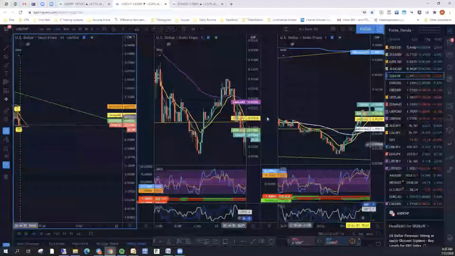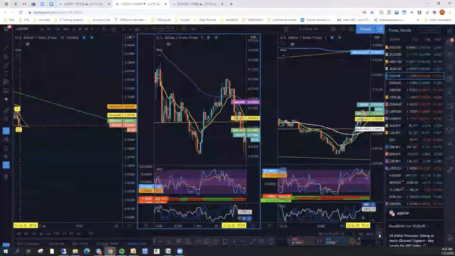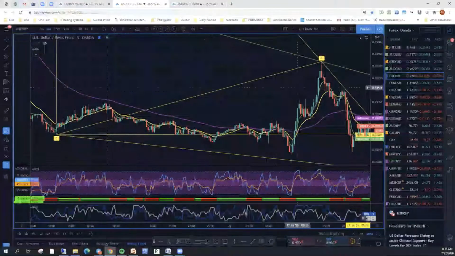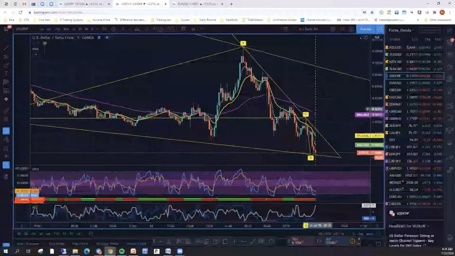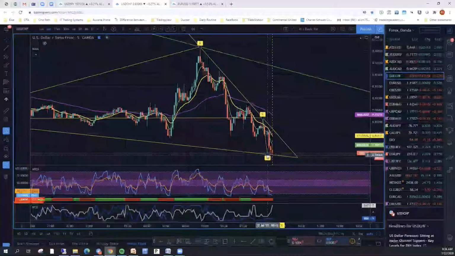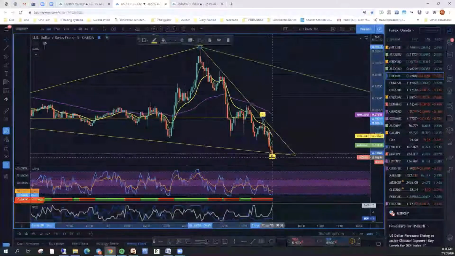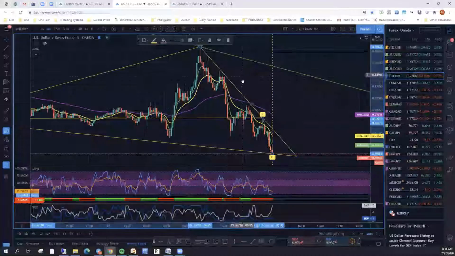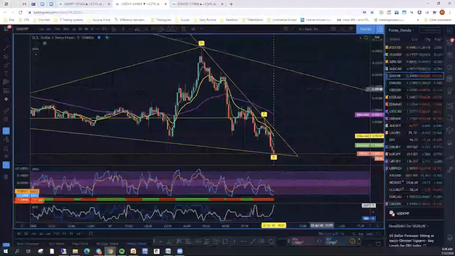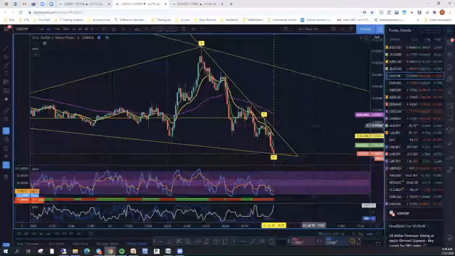Let me see if I can see what it looks like on a 5 minute here. I just don't really like these real steep ones. Although now we have this upper trend line with this steepness, this is still good.